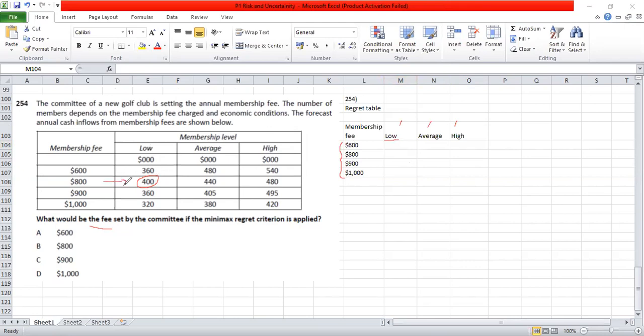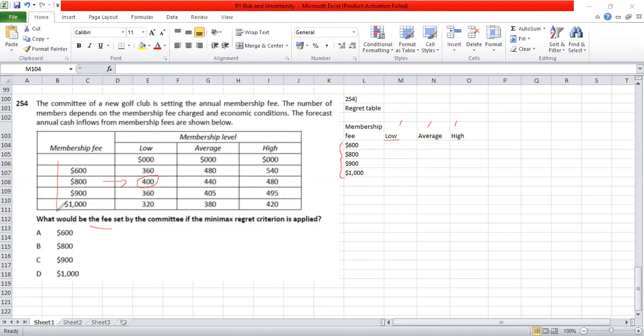Then if the situation is average among these four, because the decision criteria is about the membership fee, we are choosing which one is better under each of these situations. So it could be presented vertically or horizontally. The decision criteria for us now is the fee structure, which fee is better. If the prevailing situation is low, which fee is better?